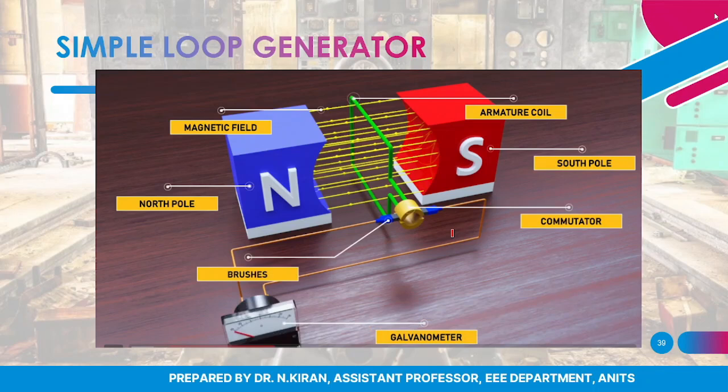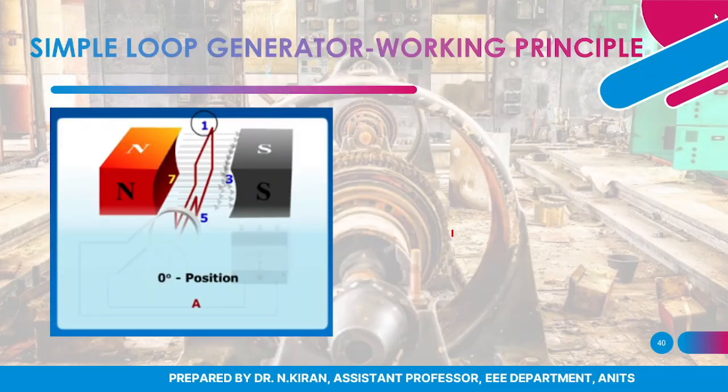of my single loop generator, where I have 2 poles for simplicity, and I have assumed my armature to be a single loop. Let us consider when the single loop generator is at position A. So you can see 1, 3.